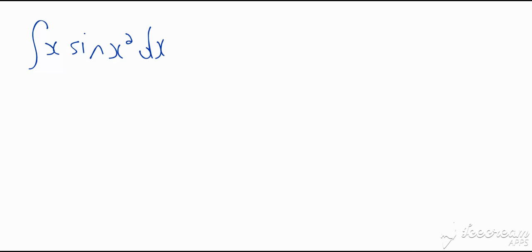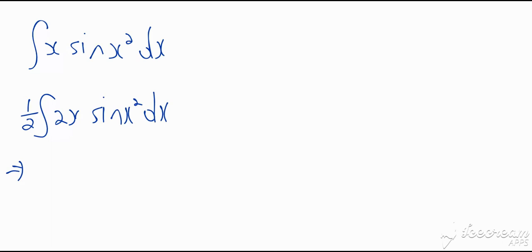And when we differentiate x squared, we get 2x. So like previously, we can manipulate that. So I'm going to have 2x there, sine of x squared dx. But of course, if we multiply by 2, we have to divide by 2. So I have a half outside. Now, inside, I have exactly what I want, 2x, which is the differential of x squared.